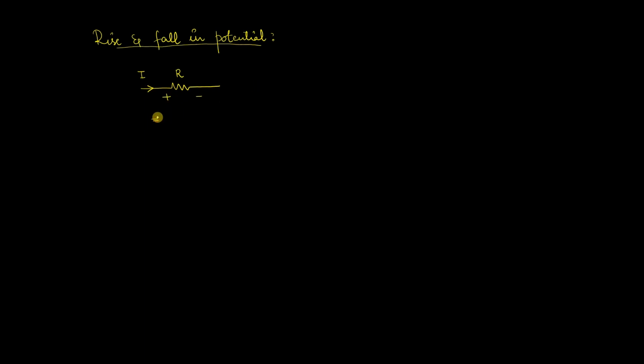This is equivalent to drawing a voltage source across the resistance, V plus minus, and this is my current direction. Since my current moves from positive to negative, I can say this is voltage drop.